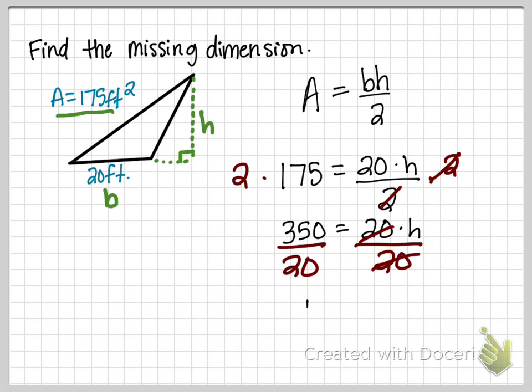And this is going to give us a decimal, 17.5 equals H. And what are the units of that 17.5? Just feet, because it's not the area, it's just one side. The area gets squared, but the dimensions, the length and height, are just straight up.